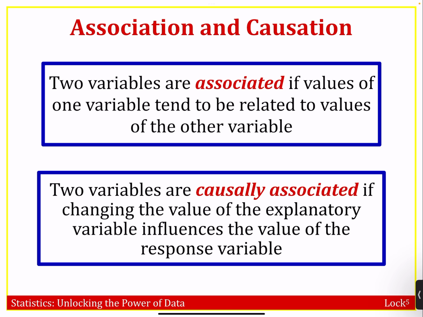Now, this is where things get tricky, because two variables are causally associated only if changing one drives a change in the other. For example, if I'm working an hourly wage, the amount of my paycheck is determined by the number of hours I work. There's a causal association there.